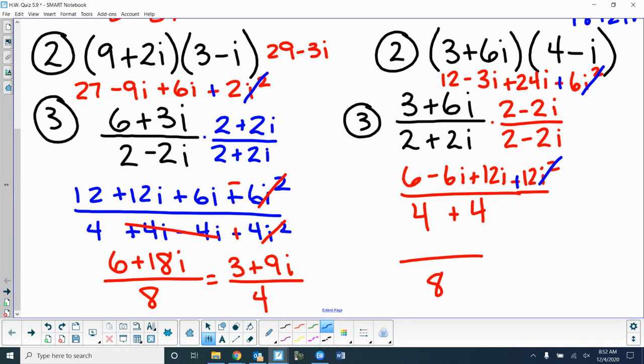What's 6 plus 12? 18. What's negative 6 plus 12? 6. 2 goes into all those. 9 plus 3i over 4. Simple, right? Questions? You should be able to do all those. If you can't, I'm going to have to hurt you.